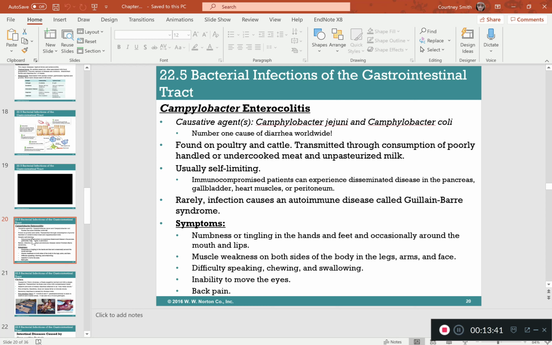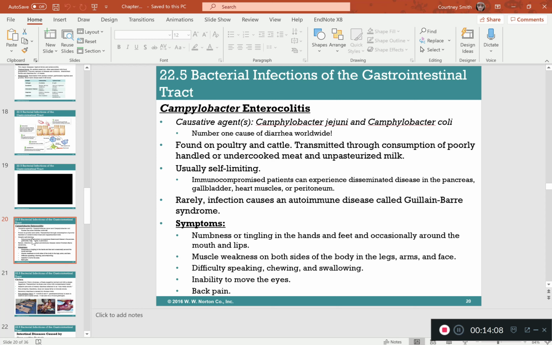But if that does happen, if they are developing a secondary or disseminated disease, a lot of times they'll have numbness and tingling in their extremities, they'll have muscle weakness, they'll have difficulty speaking, chewing, and swallowing, and then they will have back pain and inability to move their eyes. But that's only if they're getting a secondary infection or secondary disease.